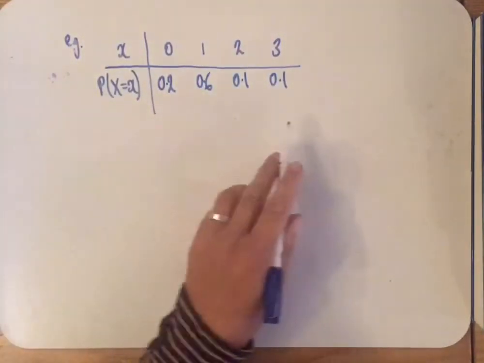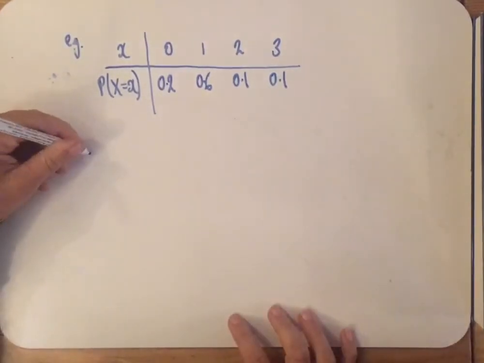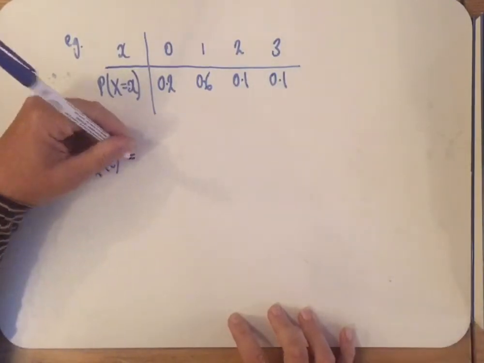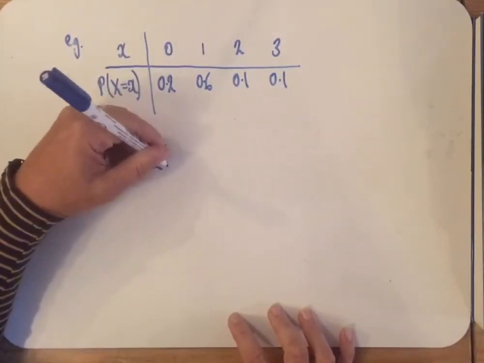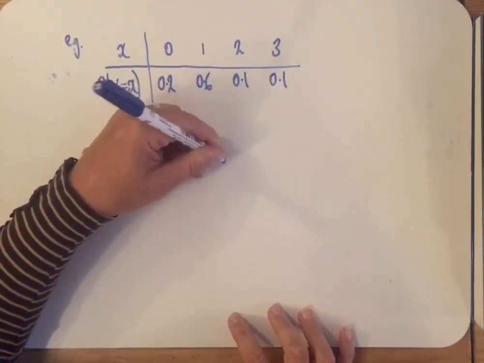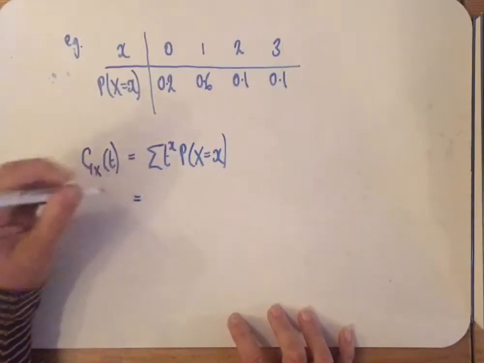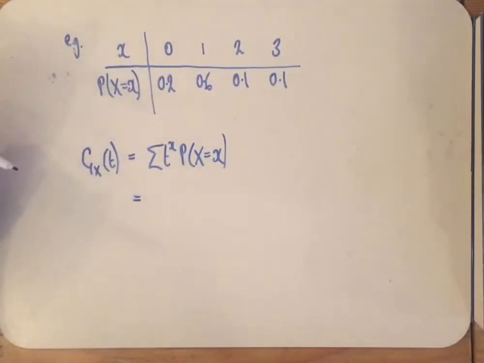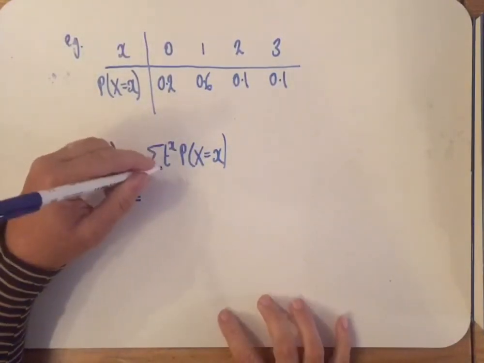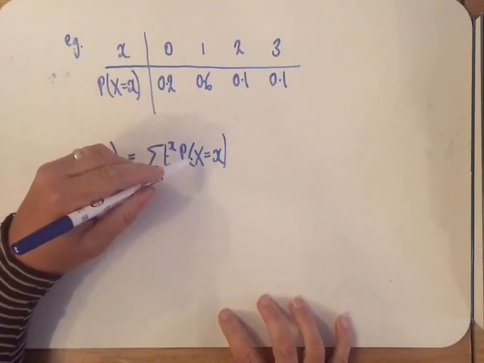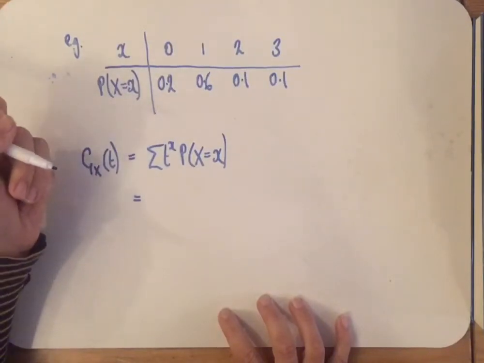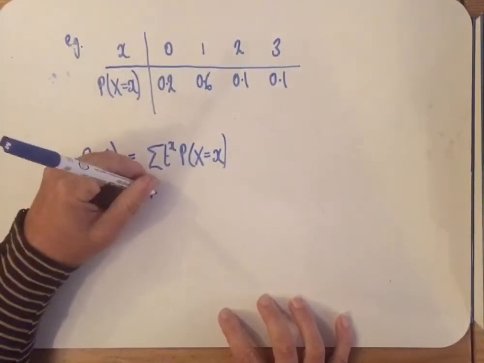All the probabilities add to 1, and then the probability generating function of X is the sum of t to the power x times the probability that X equals x. So you start with your smallest value, x equals 0. That would be t to the power 0 times the probability that X equals 0. t to the power 0 is 1. Probability X equals 0 is 0.2.